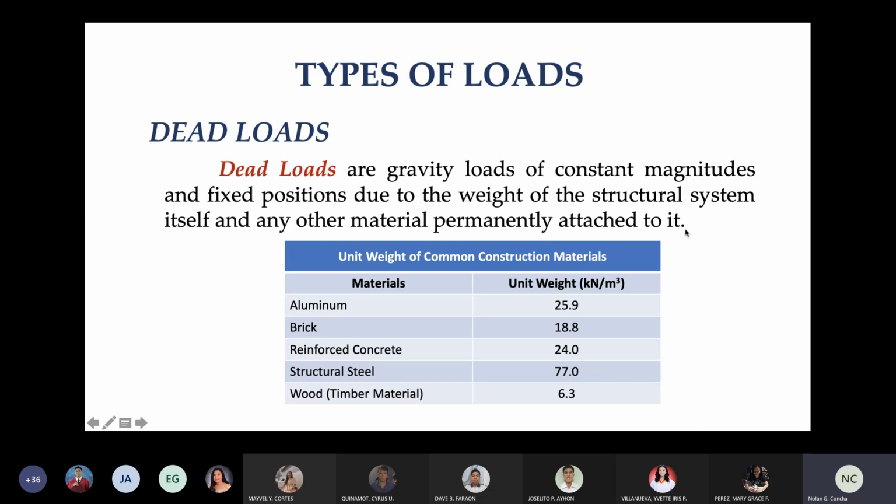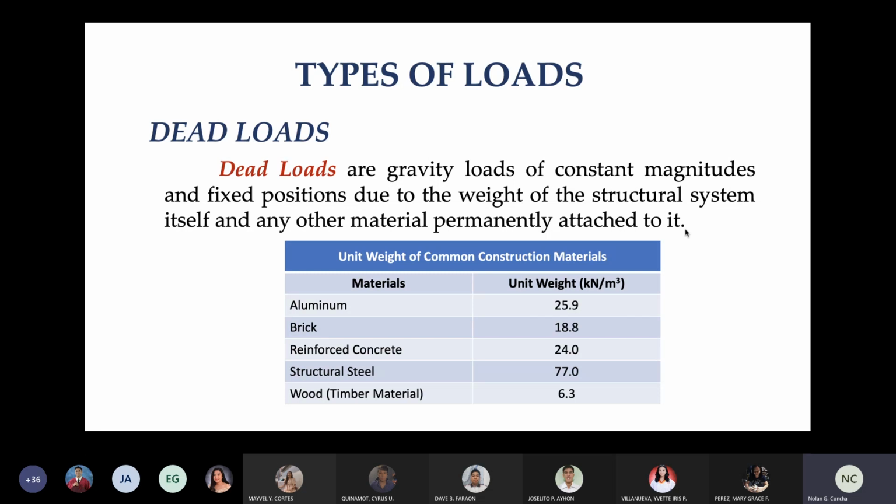So yung mga dead loads natin, ito yung mga self-weight nung mga materials, and also the objects that are fixed or permanently attached. So kung hindi natin mamumove yung mga, let's say, stool or mga tables, if they are not movable, they are fixed in position, then they are considered dead loads.